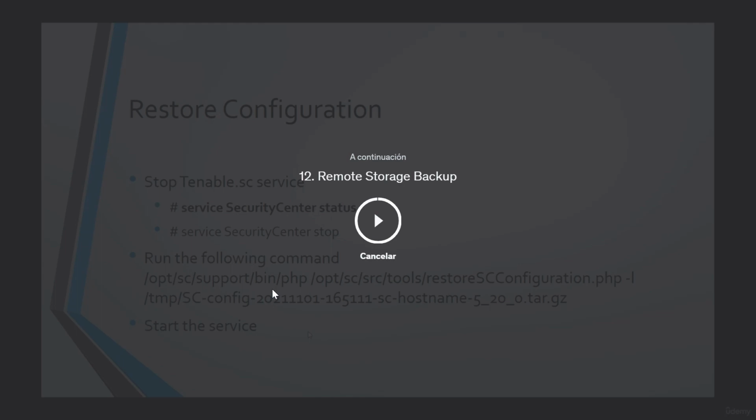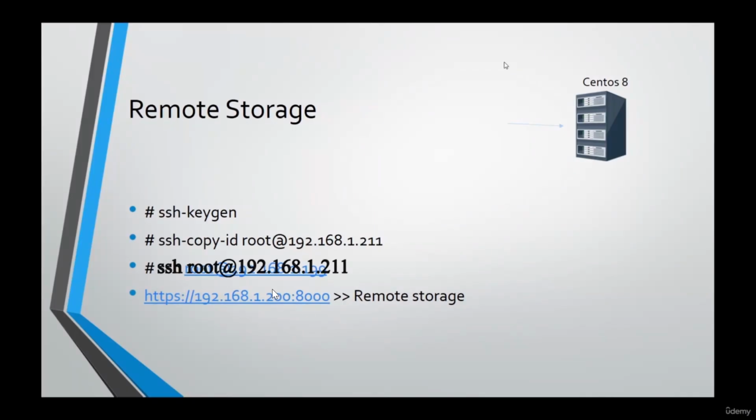Now we need to go to the remote storage backup way. In this way, you need to log in to your Tenable Security Center using the port 8000. It's an easy and good way to use the remote storage to take automatic backup from Tenable Security Center.